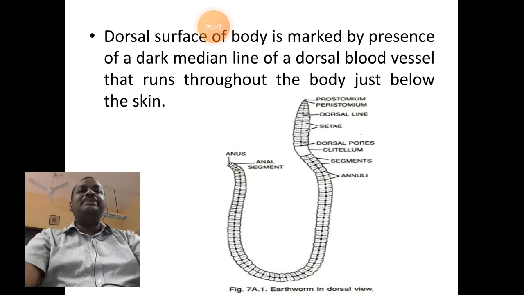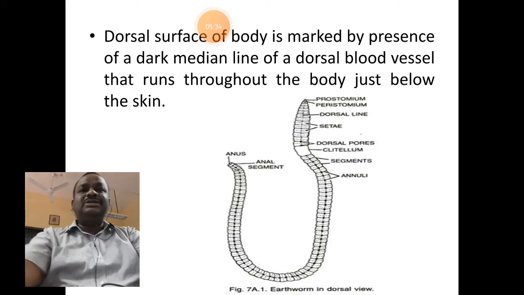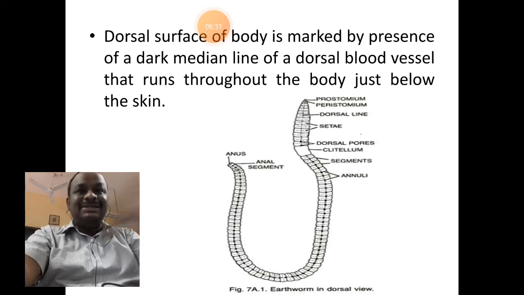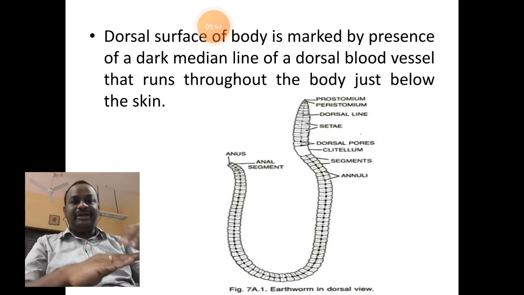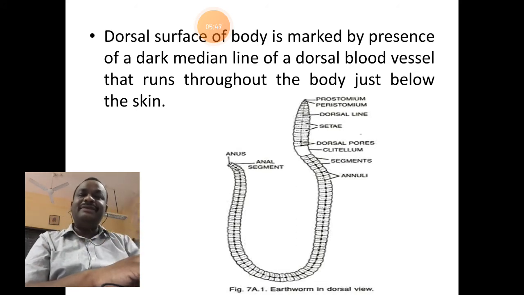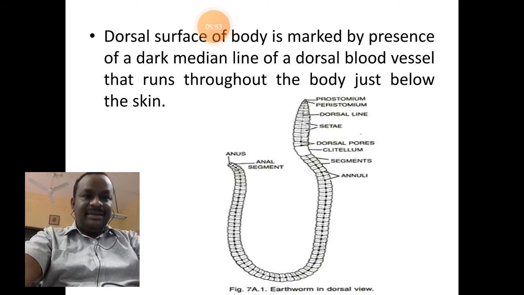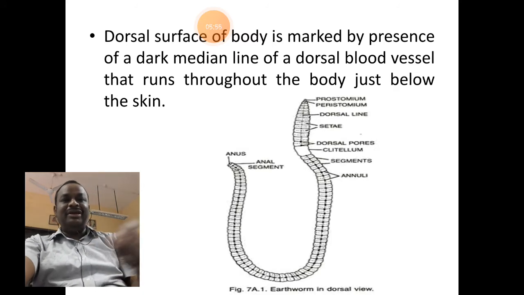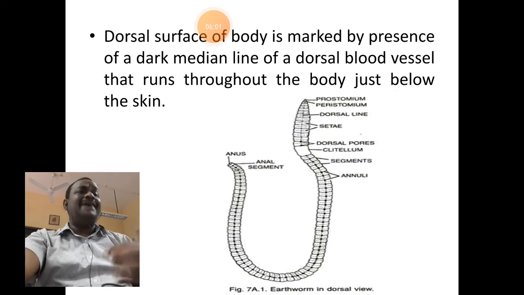It marks the presence of a dorsal blood vessel, which runs at the middle of the body on the dorsal surface. The skin is very transparent, so the dorsal blood vessel can be easily visualized. You can see it in the image down here, a line passing at the middle of the body of earthworm. That is exactly the dorsal blood vessel.